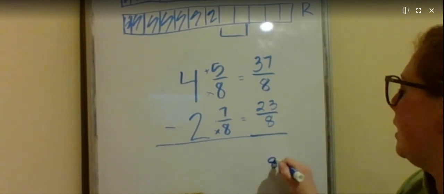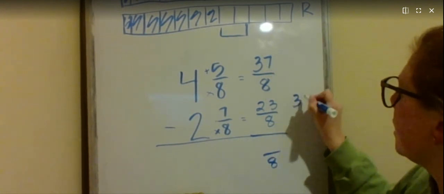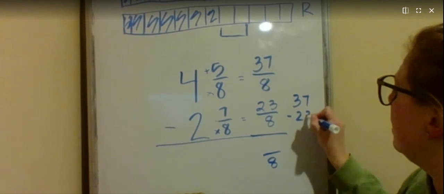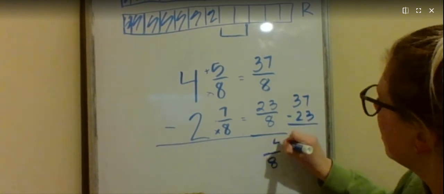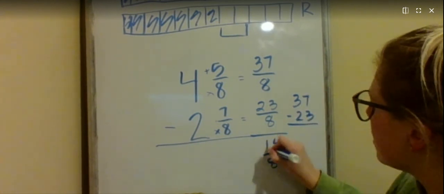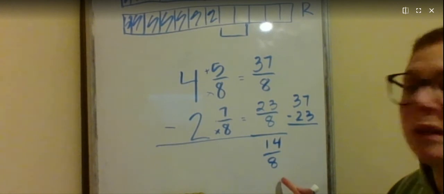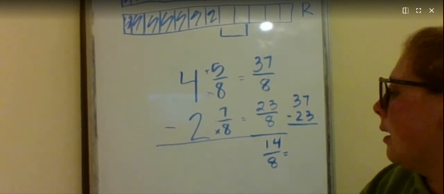And then I'm going to subtract. We know eighths we keep. And then 37 minus 23. If you want to do it over to the side, you can. 7 minus 3 is 4. And 3 minus 2 is 1. Now, I will accept it if you keep it like this, 14/8, but you could also change it back to your mixed number.